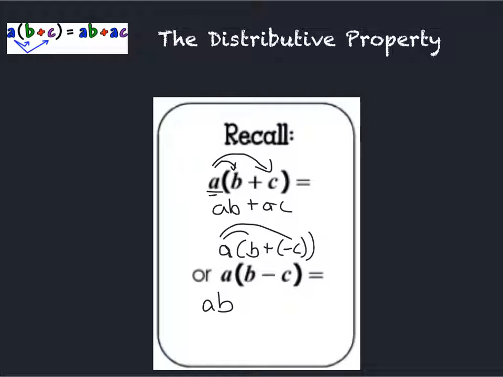That's a positive times a negative. If you remember, anytime we're multiplying positive times negative, opposite signs, you're going to end up with a negative. So that would be the same thing as saying plus negative ac, or just minus ac. Okay? ab minus ac. Distribute the a to each of the terms.